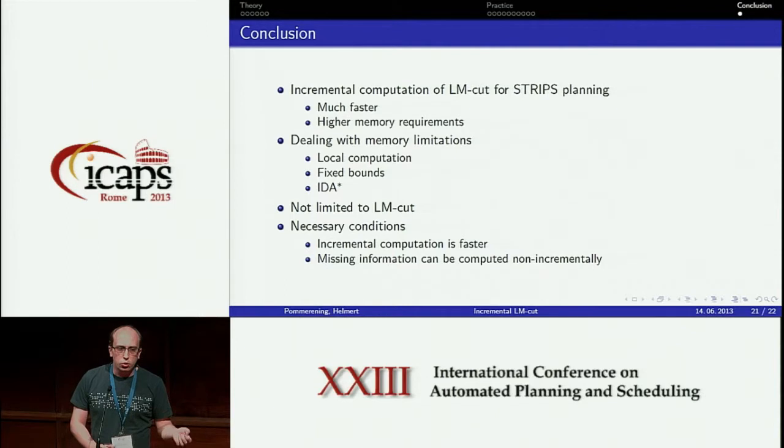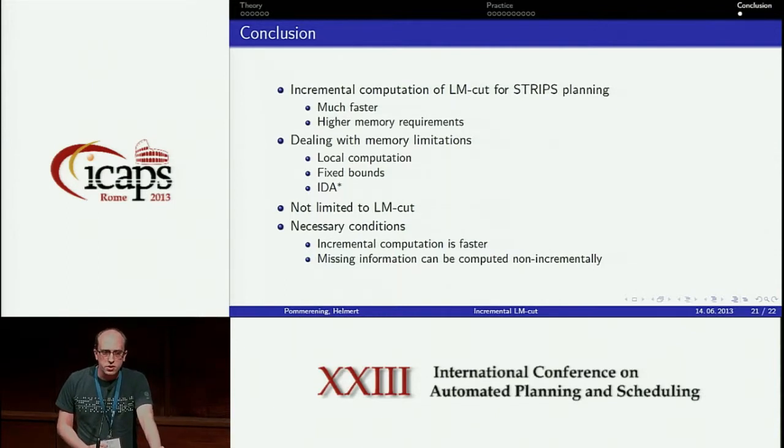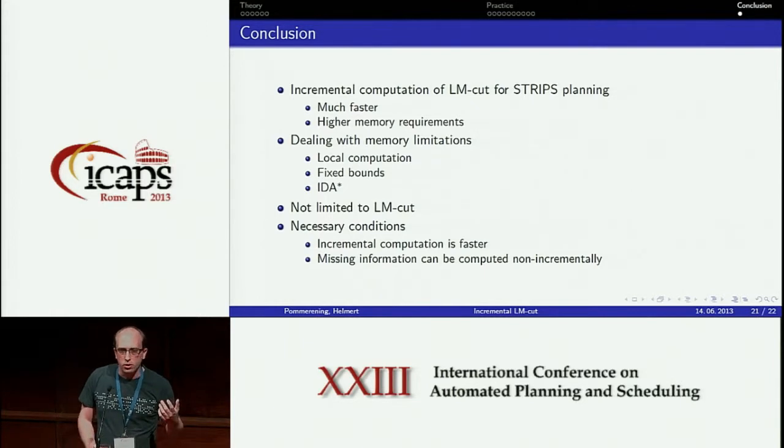In conclusion, we've seen that the incremental computation of LMCAT makes the LMCAT computation much faster, but it uses much more memory, and there are different ways of dealing with that. What worked best, in my opinion, is the local incremental computation. We also tried using fixed bounds and IDA star.